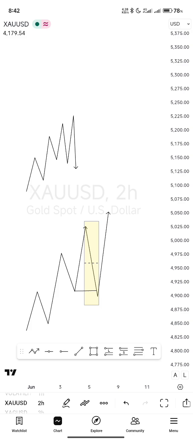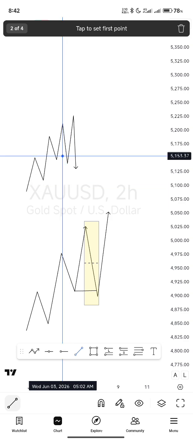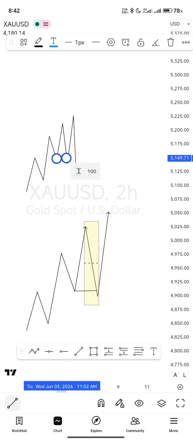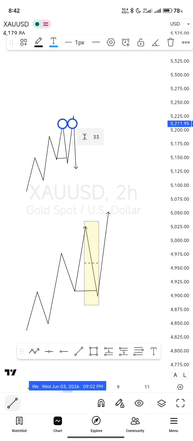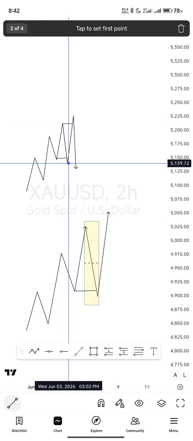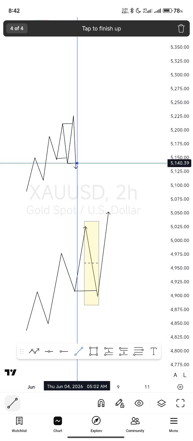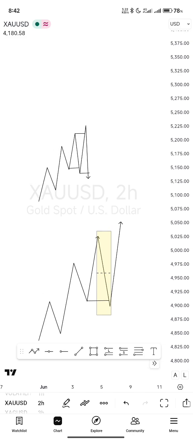This is the market taking out stop losses below this low and also going higher to take stop losses above these highs, and then we see this reversal. Usually what confirms to us where the market is displacing to is how the candlesticks close.